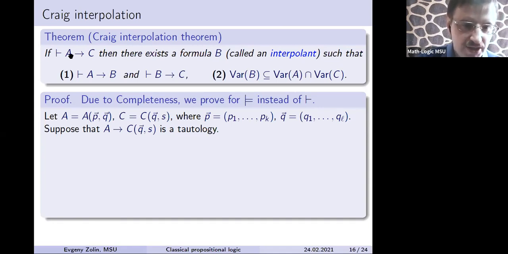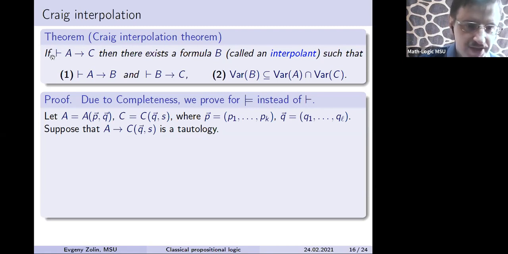So in our theorem, we have an assumption: A implies C is a tautology. So it is true for all valuations. By the way, the theorem is about provability, but we know that we have completeness, so we replace provability with this consequence symbol. So we will talk about formulas that are tautologies.